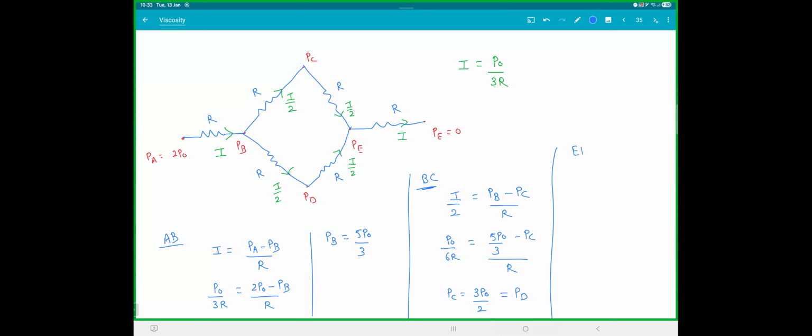Then go from E to F. I is equal to PE minus PF by R. This is P naught by 3R. PE minus P naught by R. So pressure at E will be 4P naught by 3. Check. We are just using the same formula. Current in a resistance must be equal to potential difference by resistance. Check.